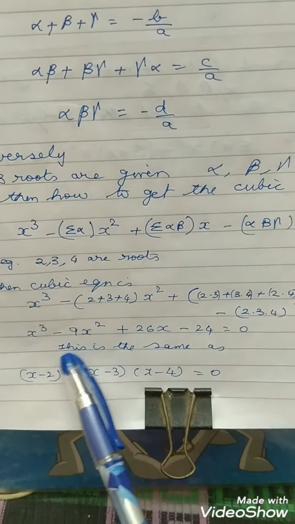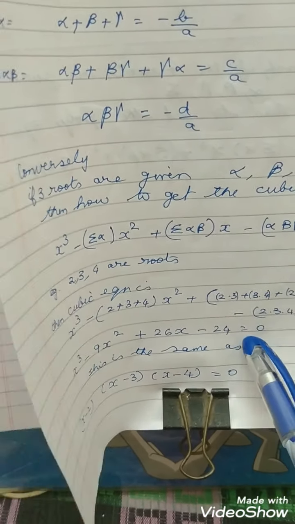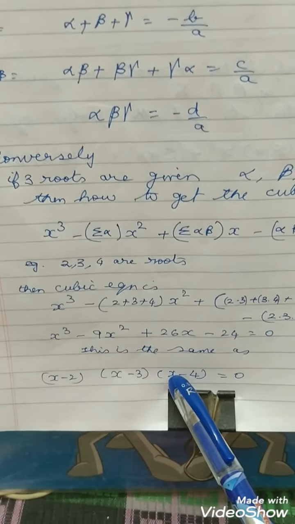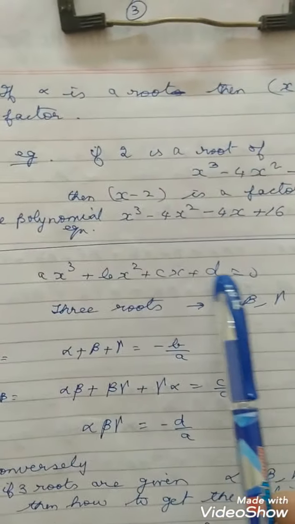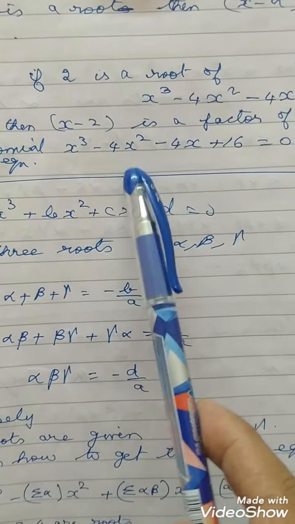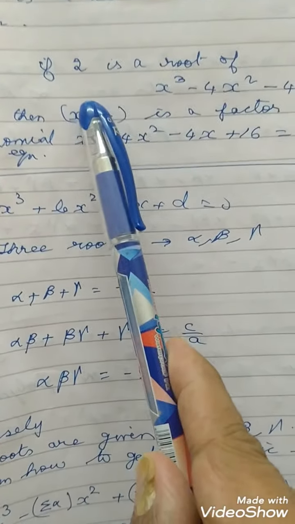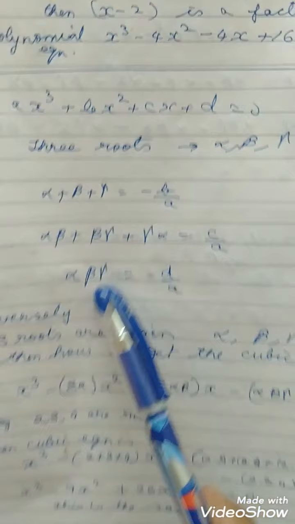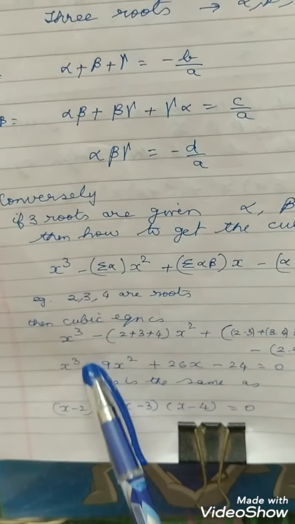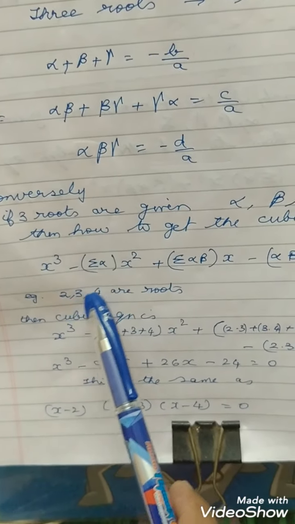Now, there's also another way of doing it, based on the first concept that we discussed, the factor theorem. Clear? If 2 is a root, then x minus 2 is a factor. You're using the same rule here. Already you're given the three roots as 2, 3 and 4.